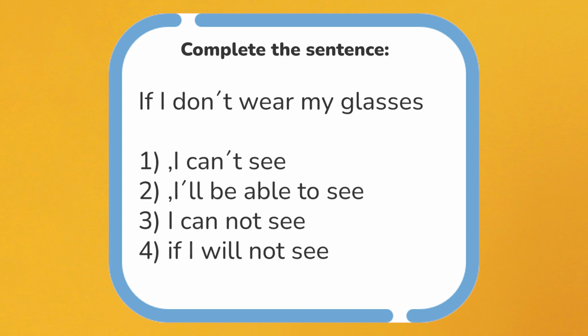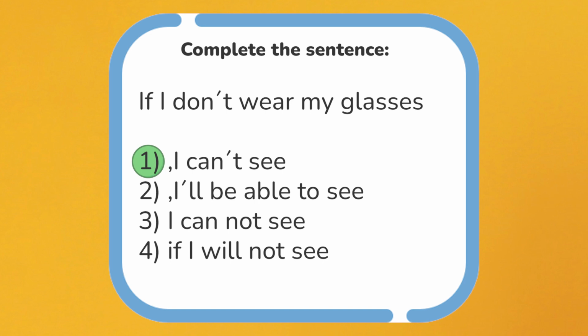And our last one, if I don't wear my glasses, I can't see, I'll be able to see, I cannot see, if I will not see. And the answer is also 1.